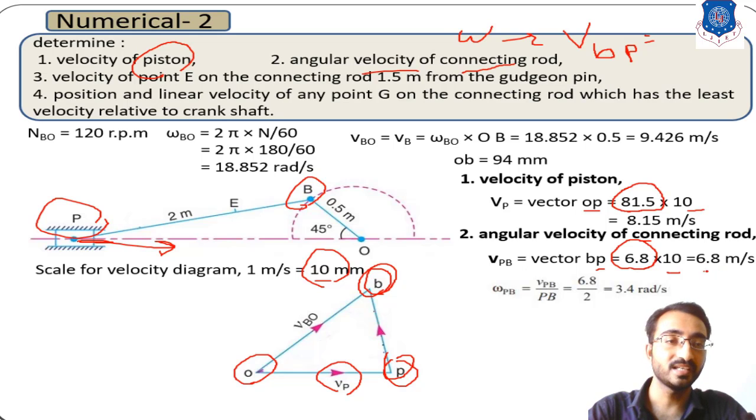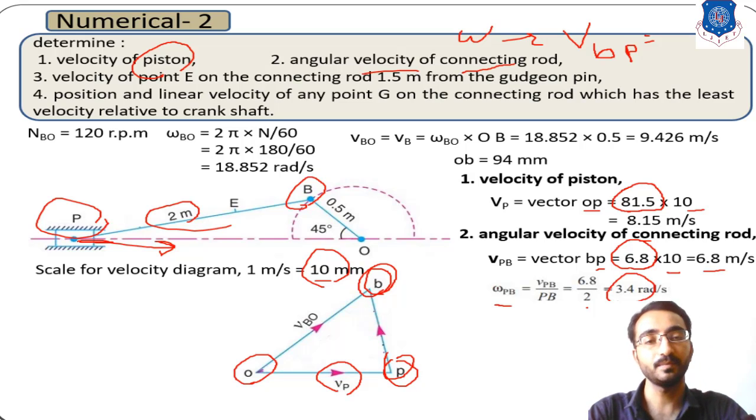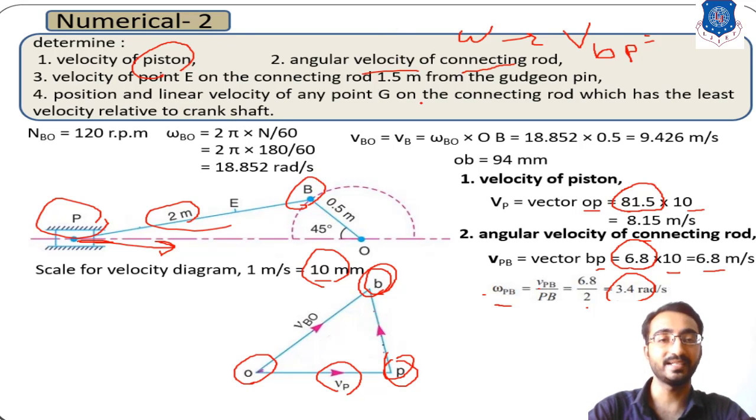So that's why it is 6.8 meter per second. Now similarly, angular velocity omega is equal to Vpb by PB, and that is equal to 68.2 divided by your length, that is 2 meter, then it will give you the angular velocity of 3.4 radian per second. Over here simply you have used the relation V is equal to R into omega. So with this help you can calculate the angular velocity of connecting rod.